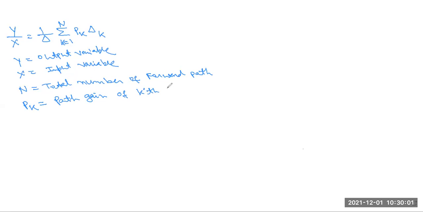That is the number of forward paths, two or more than one, that is forward path.